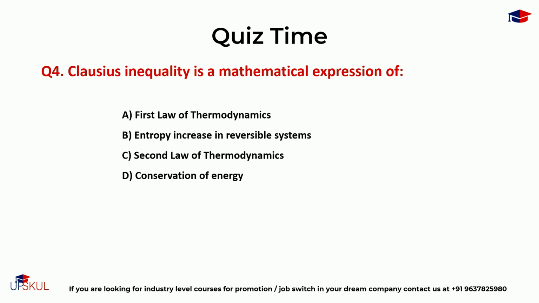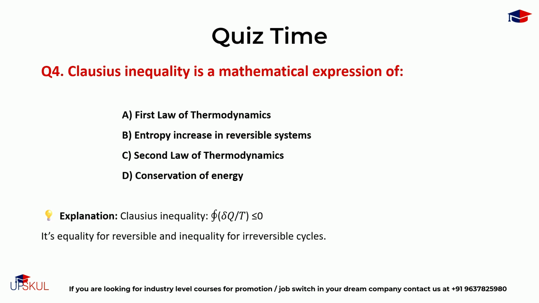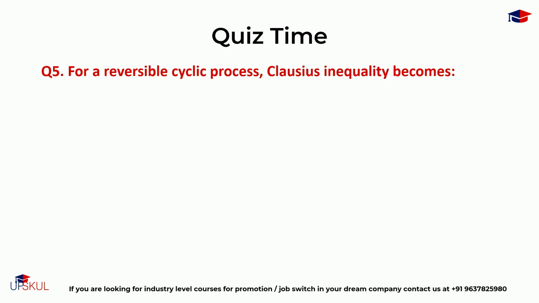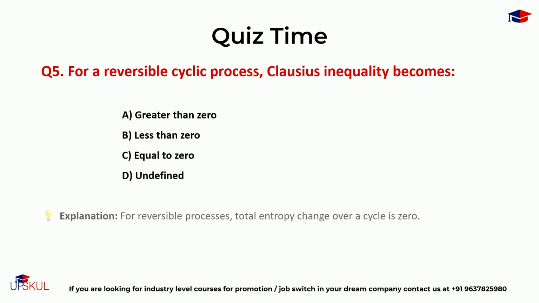So the answer is C, second law of thermodynamics, because Clausius inequality is an equality for reversible and an inequality for irreversible cycles. Next question. For a reversible cyclic process, the Clausius inequality becomes A. greater than 0, B. less than 0, C. equal to 0, and D. undefined. So the answer will be equal to 0.